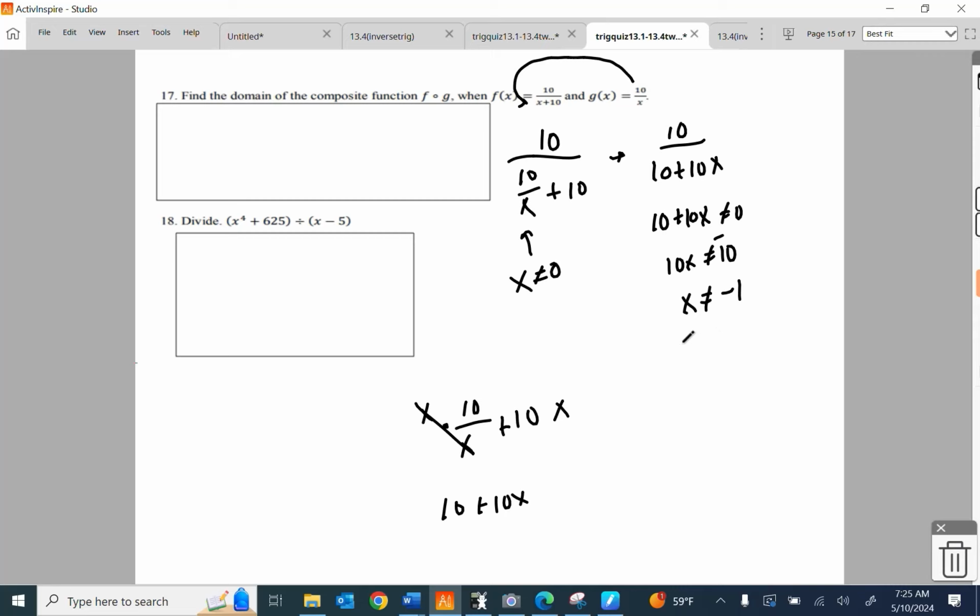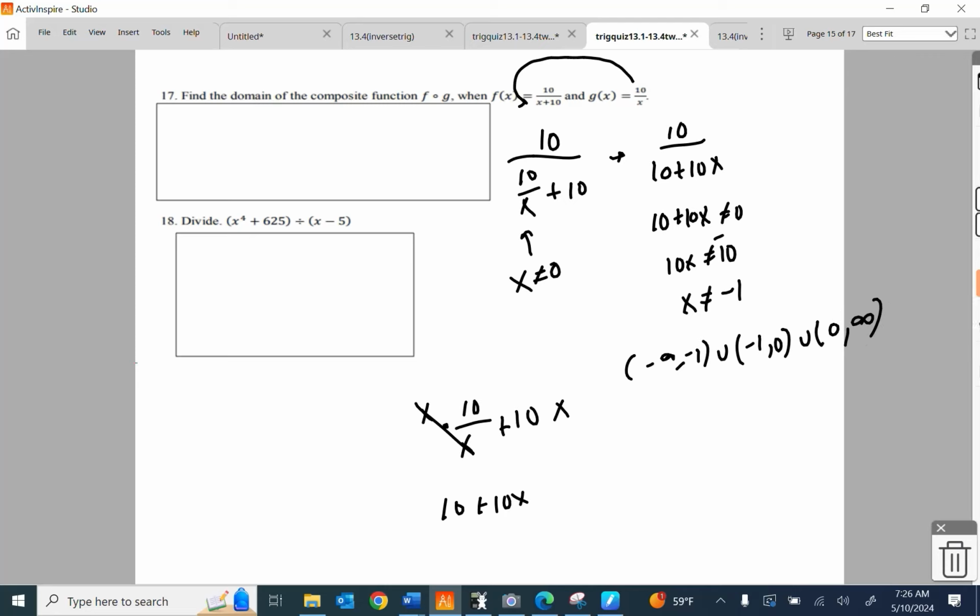This is most likely done in interval notation. So if I can't be 0 and I can't be negative 1, I could be negative infinity all the way to negative 1, unioned with negative 1 to 0, and then 0 to infinity. That'd be my final answer.